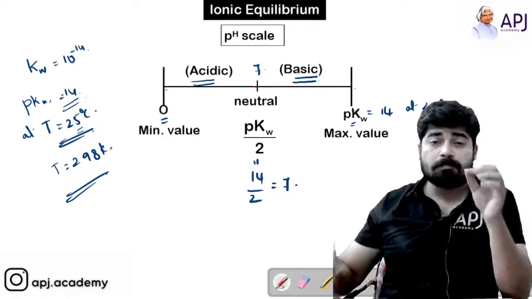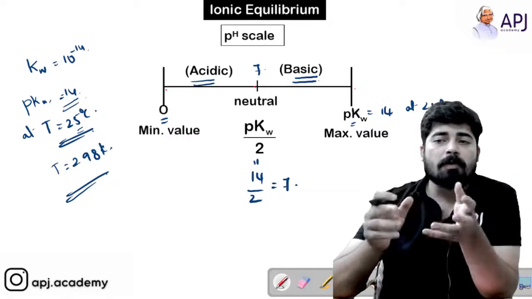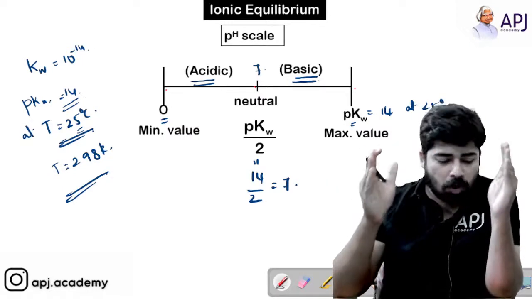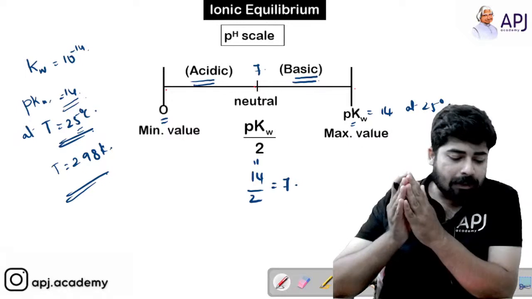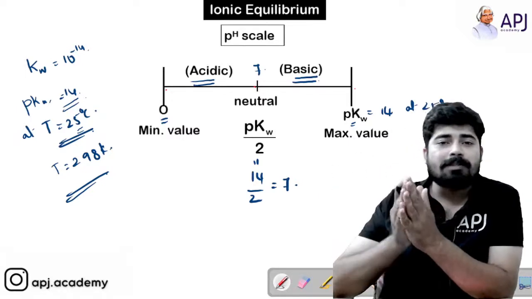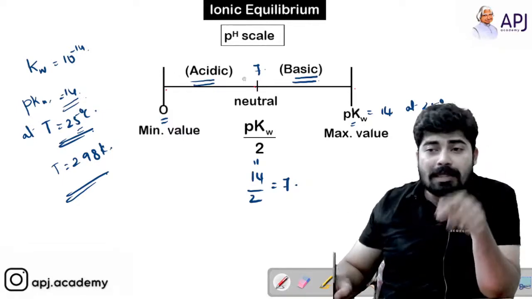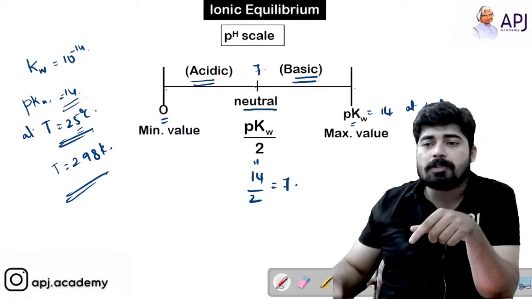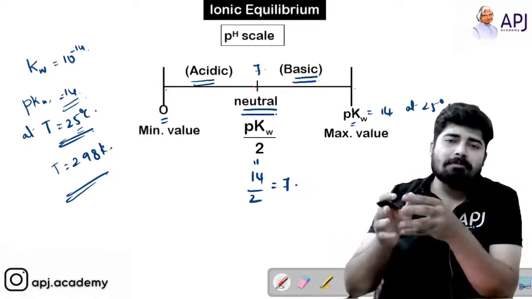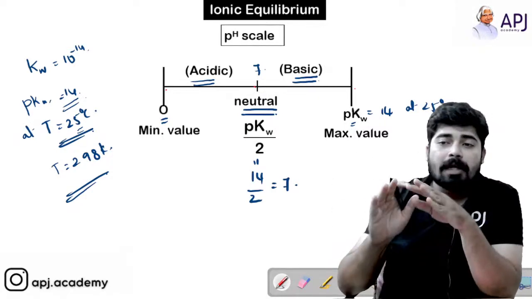So if you try to measure the pH of a particular compound, and you get a value between 0 and 7, that means the compound is acidic. And if you get a value between 7 and 14, then the compound is basic. And if you get a value 7, then that compound is neutral. It is neither acidic nor basic. It is simply a neutral compound.